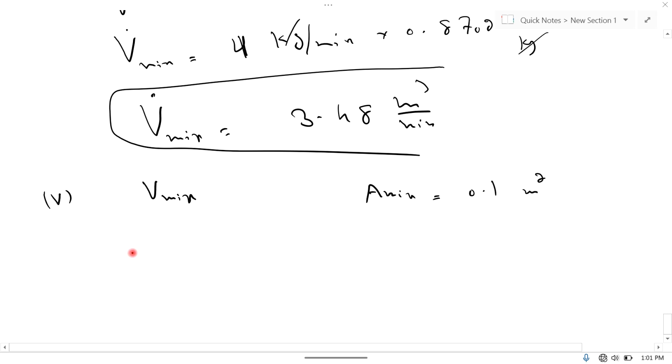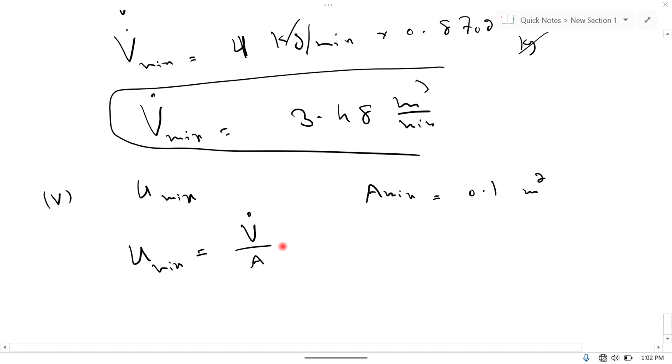Now we know that velocity of the mixture, U, is equal to V dot divided by A, the volume flow rate divided by area. You can represent this by either U or V. U of the mixture is equal to volume flow rate divided by area.